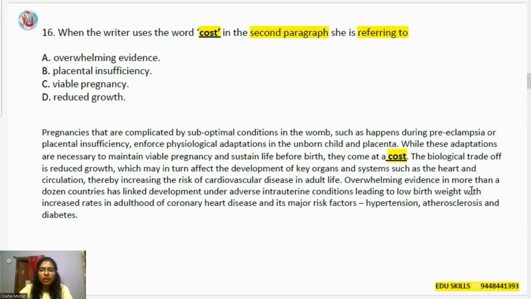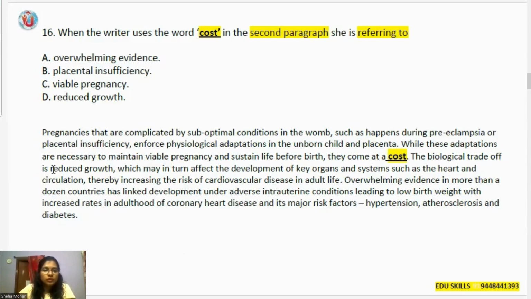Overwhelming evidence in more than a dozen countries has linked development under adverse intrauterine conditions leading to low birth weight with increased rates in adulthood of coronary heart disease and its major risk factors: hypertension, atherosclerosis, and diabetes. After reading the text, we'll be reading the answer options.